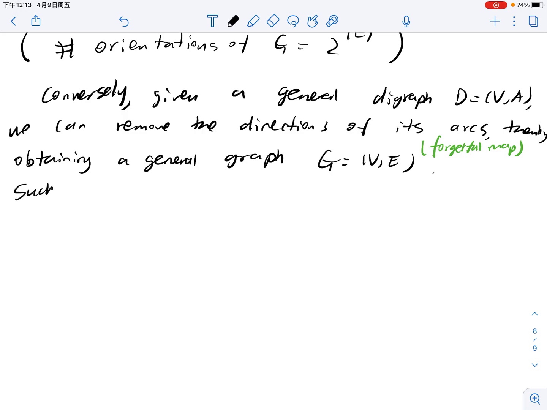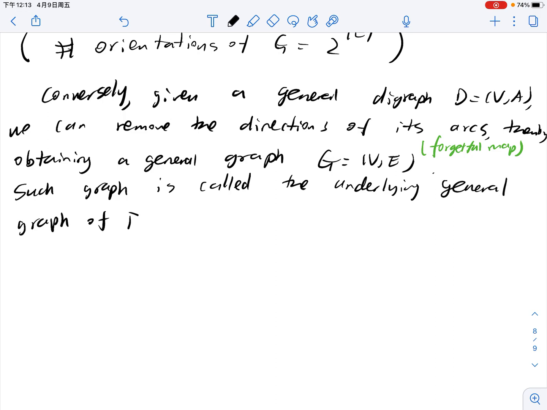Such a graph is called the underlying general graph of D. The reason why we want to forget something is because the whole problem might be too complicated, and we can deal with it partially, part by part.